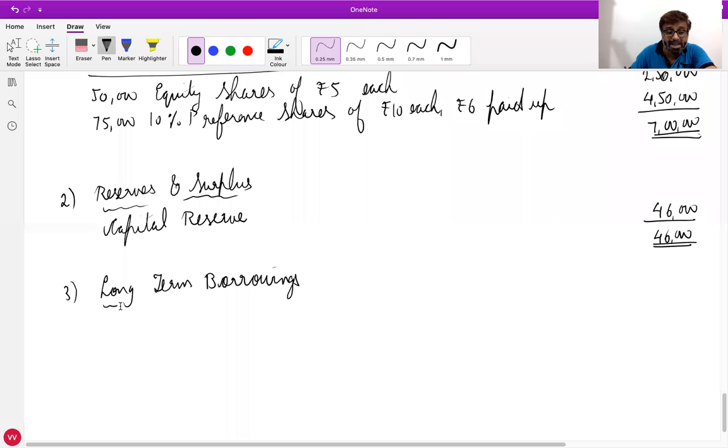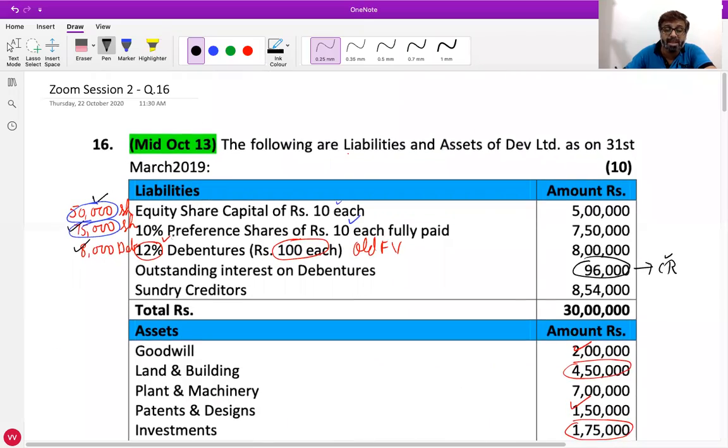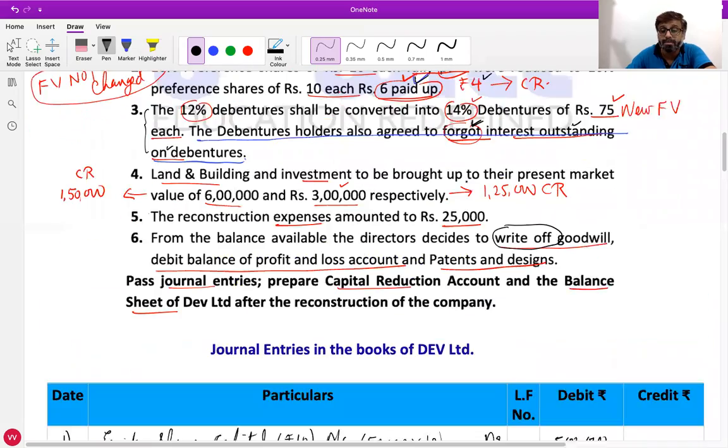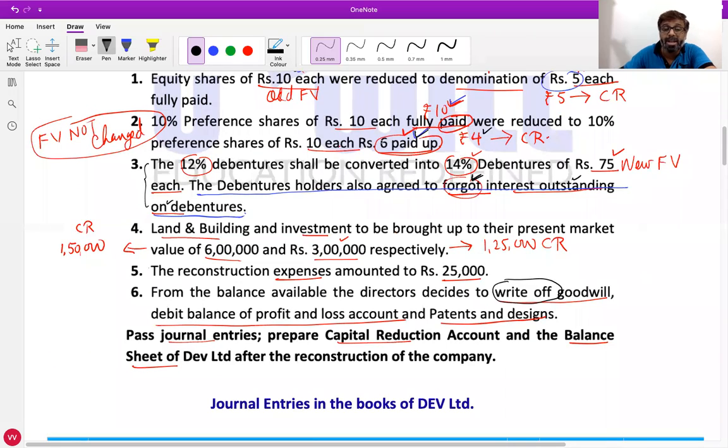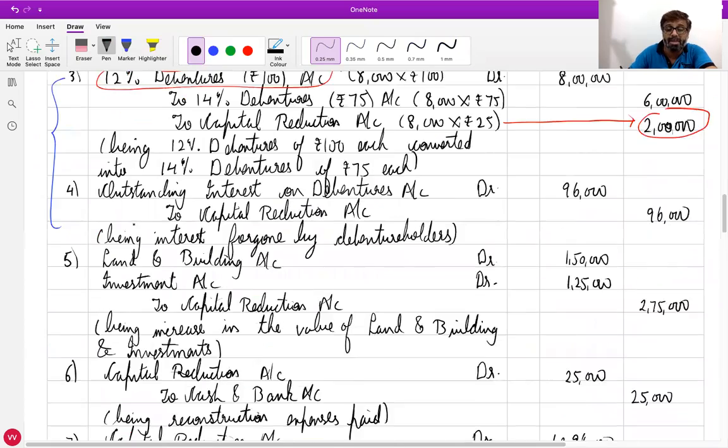Okay, debentures are not yet settled, they are still there. Earlier we had 12% debentures, instead of that now we have 14%. And instead of 100, the face value is 75. Quantity remains 8,000 but at 75 rupees.